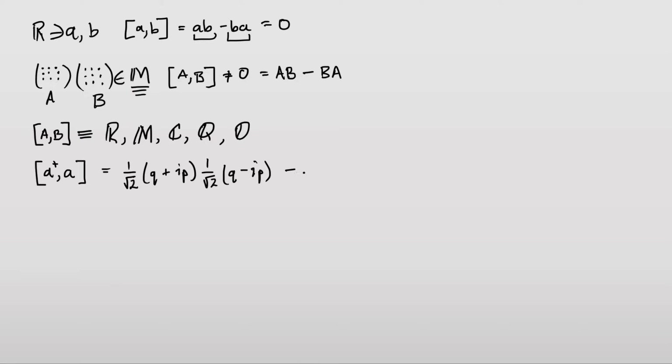And then we want to do minus this guy, so 1 over square root of 2, Q minus IP, and 1 over square root of 2, Q plus IP. Okay.